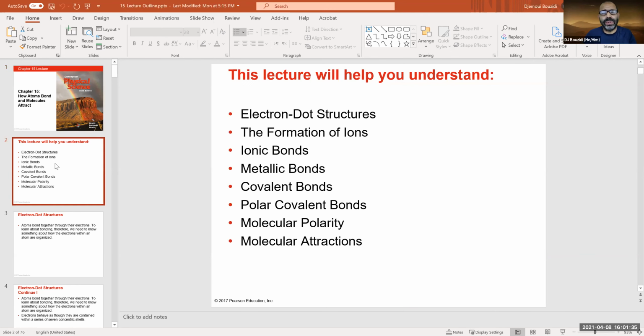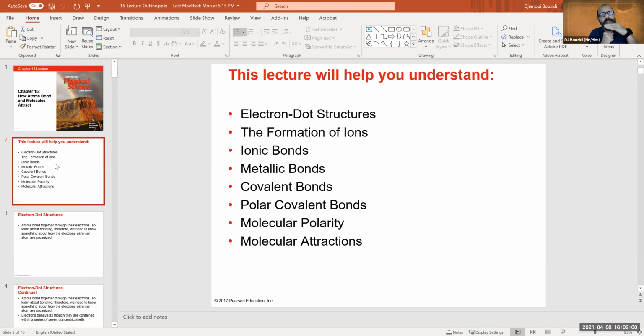So the first thing we're going to introduce is the concept of the dot structure. So basically to focus on something called the valence electrons, the electrons that can actually interact with the outside world, because there are two types of electrons. There are the inner electrons that are tightly bound to the nucleus.